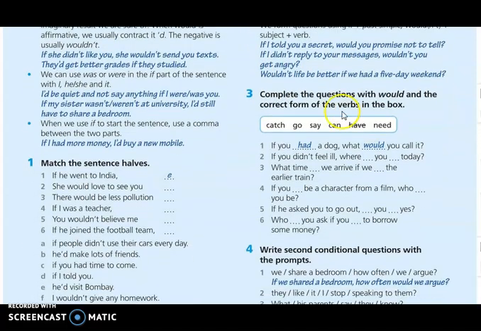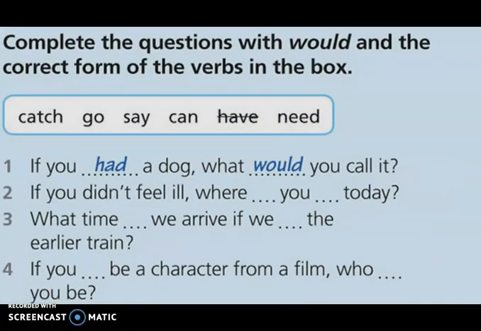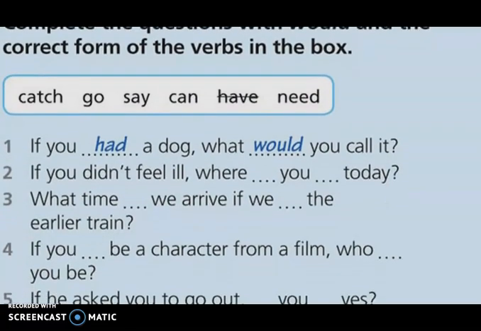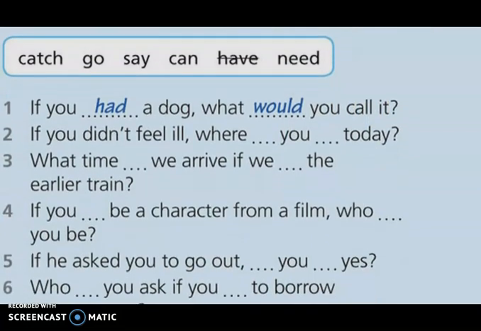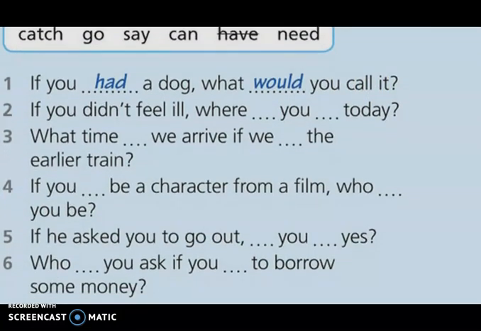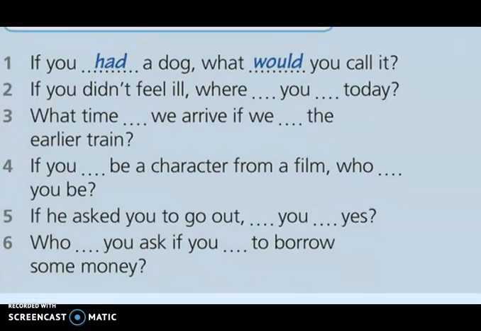Now we have to complete the questions with would and the correct form of the verbs in the box. We have here an example. If you had a dog, what would you call it? Let's move to the next. If you didn't feel ill, where? Of course, would.